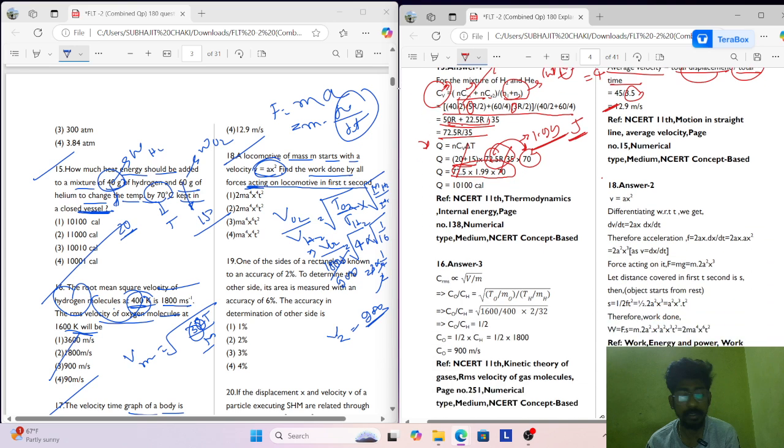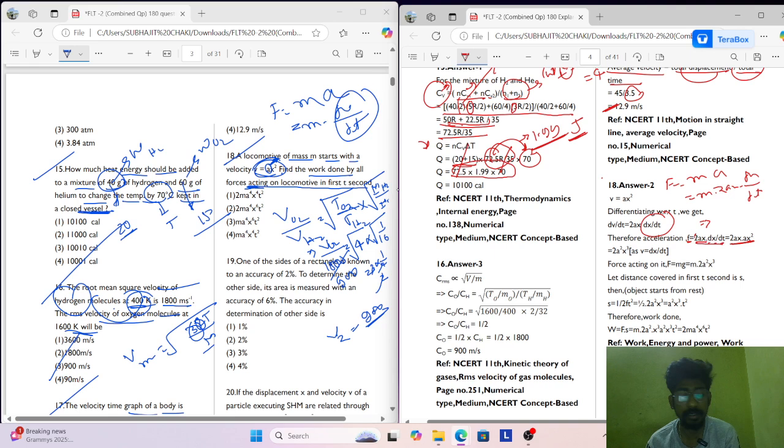We are not told that a is a constant, so a will be acceleration. So F equals m into v dv by dx, which is 2ax dx by dt, right? F equals 2ax into dx by dt.